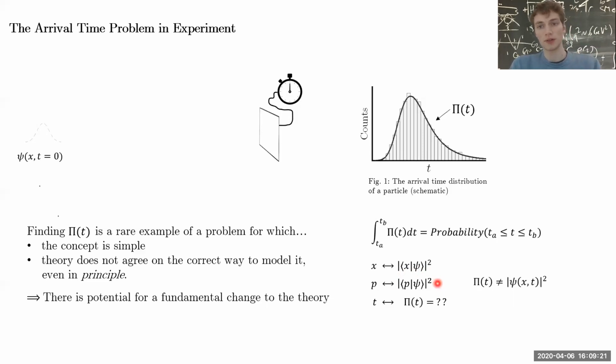You take the inner product of a momentum eigenstate with the wave function and square that. That's equivalent to taking the Fourier transform and squaring it. Interestingly enough, when it comes to arrival times, there's no prescription in quantum mechanics which gives you the distribution of arrival times.